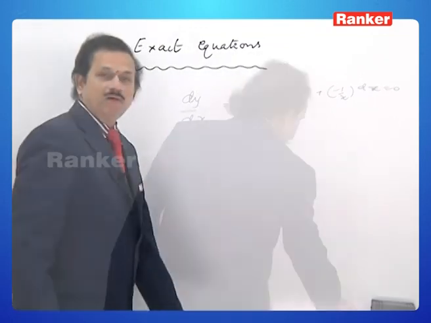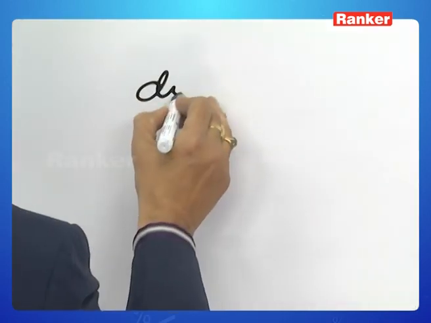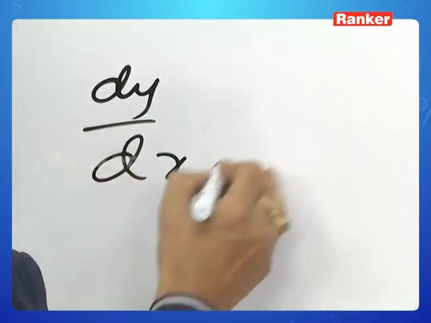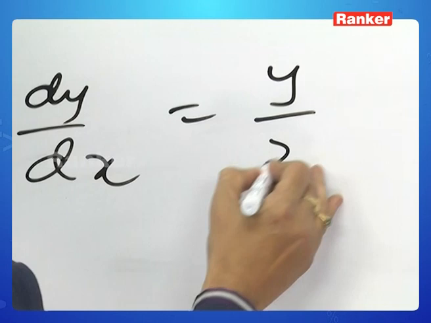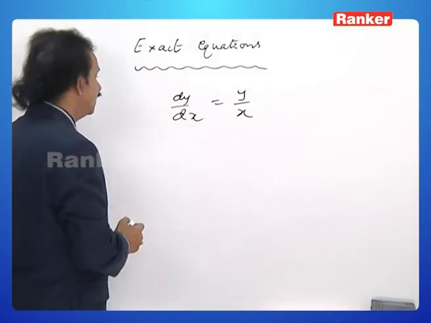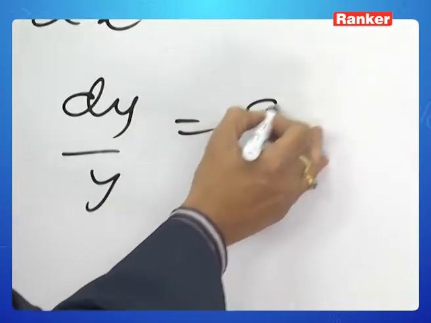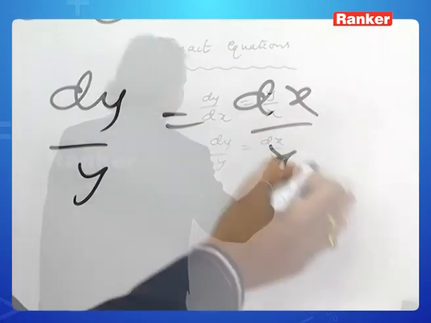One more equation, look here: dy by dx is equal to y by x. Observe this equation. This can be written as dy by y is equal to dx by x.